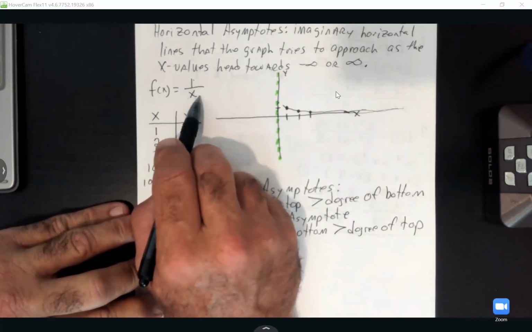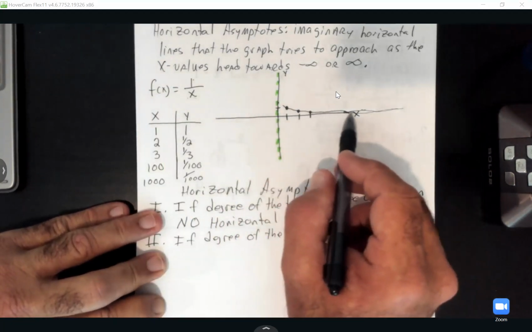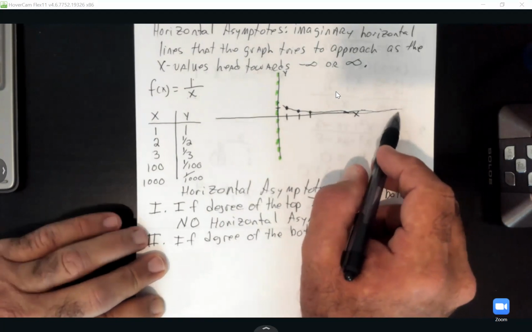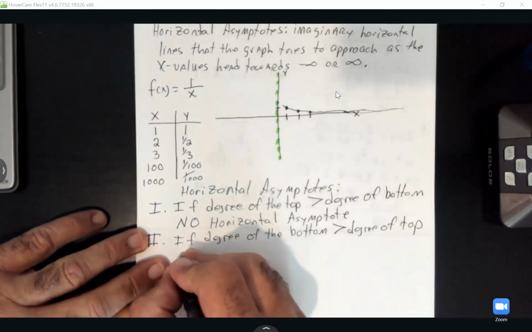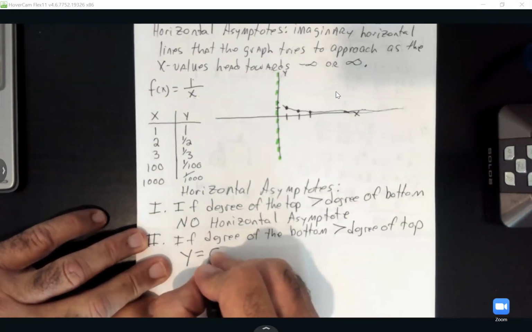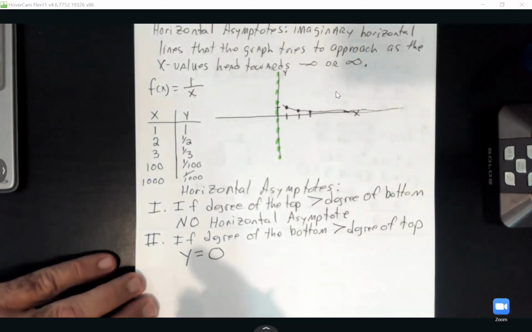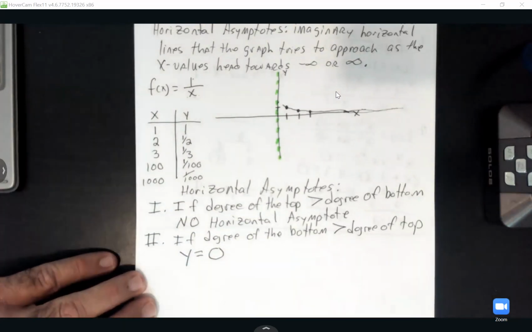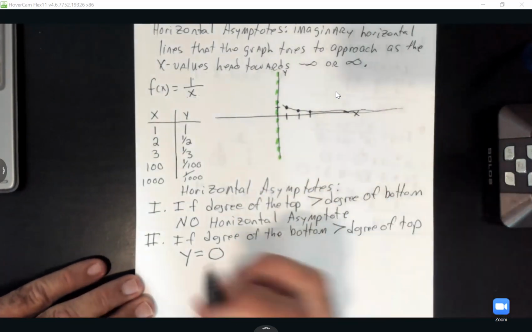So since the bottom was higher degree than the top, look what mine did. It tried to get close and close to 0. So the graph tries to get close to 0. So that means the horizontal asymptote will be y equals 0. Anytime the bottom is bigger than the top, you're going to get a y equals 0 will be the line it tries to get to.